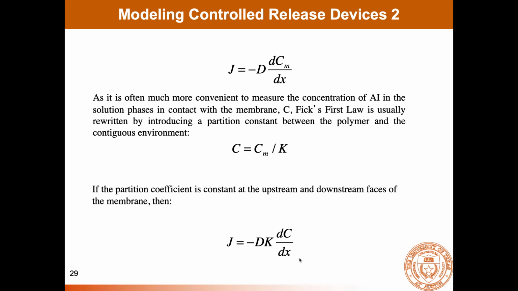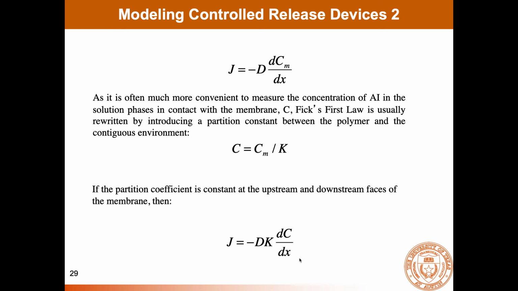And so very typically the concentrations inside the membrane are replaced by the concentration in the external solution by using a partition coefficient. This partition coefficient or solubility coefficient gives the relationship between the concentration outside and the concentration inside the membrane.